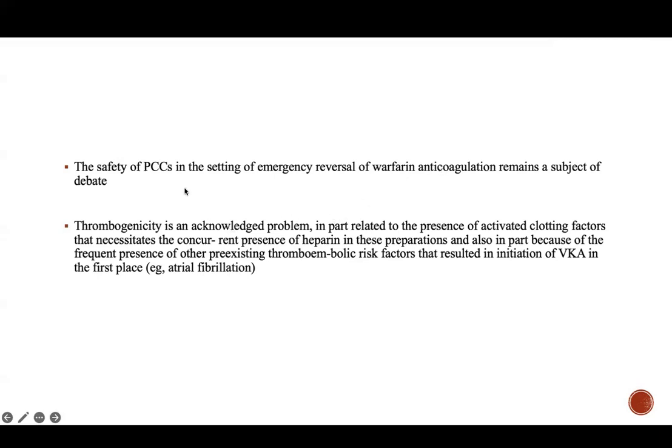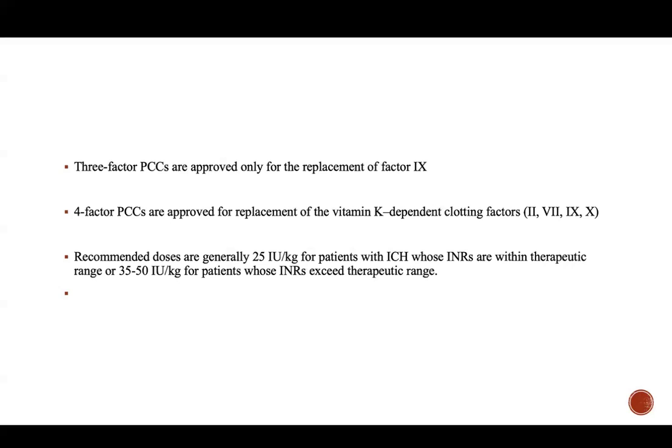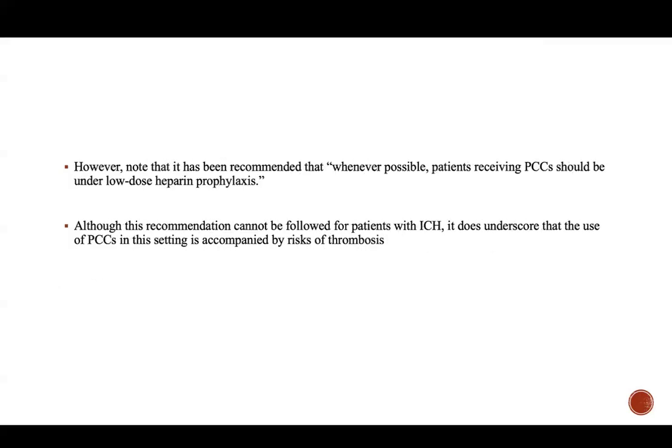The problem with prothrombin complex concentrates is that, because they contain clotting factors, there is a high chance of thrombogenicity. After administering the concentrate, the patient can develop thrombus, but when the patient has an intracranial hemorrhage, the risk of thrombosis is much less, while the benefit can be much more. So irrespective of the risk of thrombosis, you have to give the 4-factor prothrombin complex concentrate.